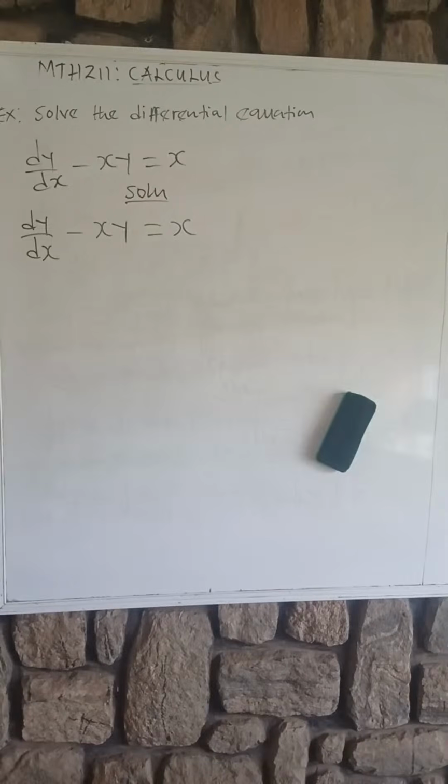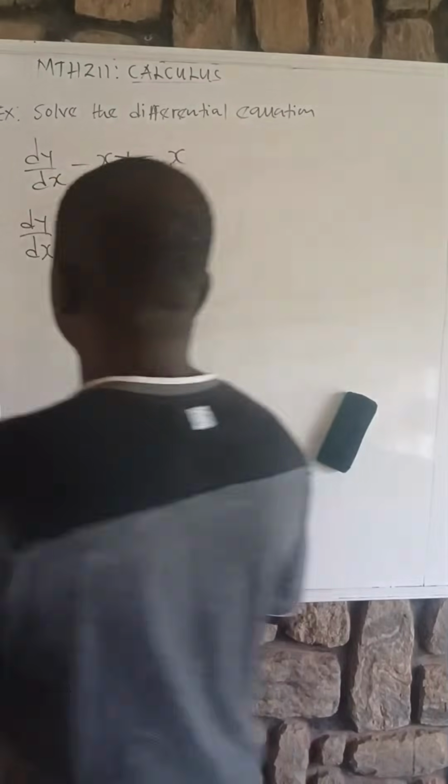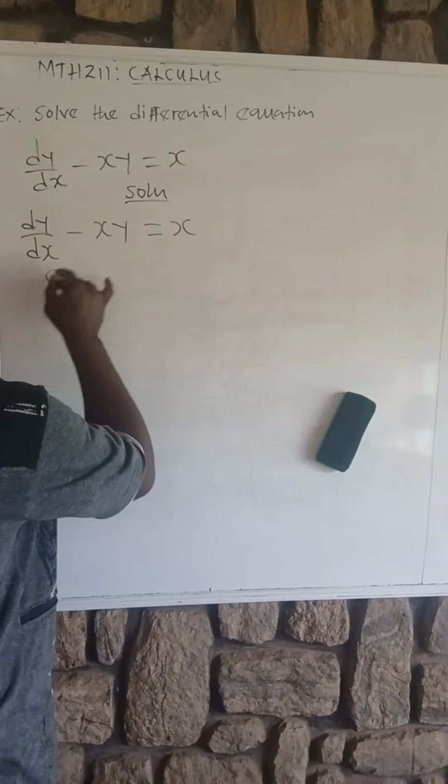Cross multiply. Is it possible? Cross multiplication will not work. Collect like terms. I love that. Collect like terms first. That is Emmanuel. I love that. So if that is the case, we now collect like terms.